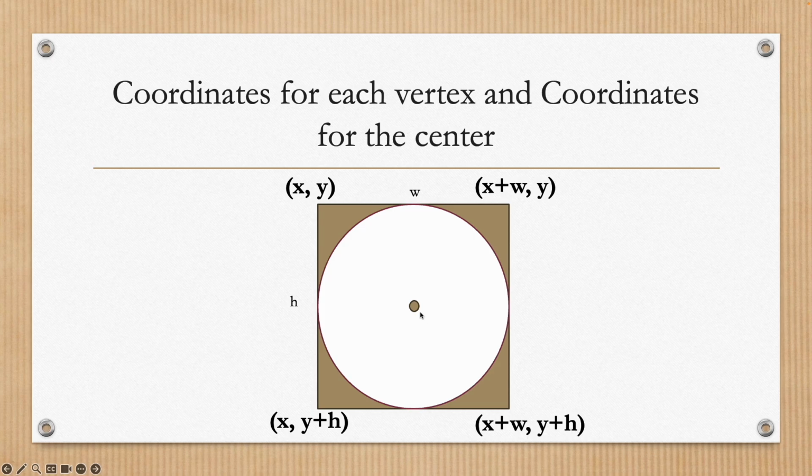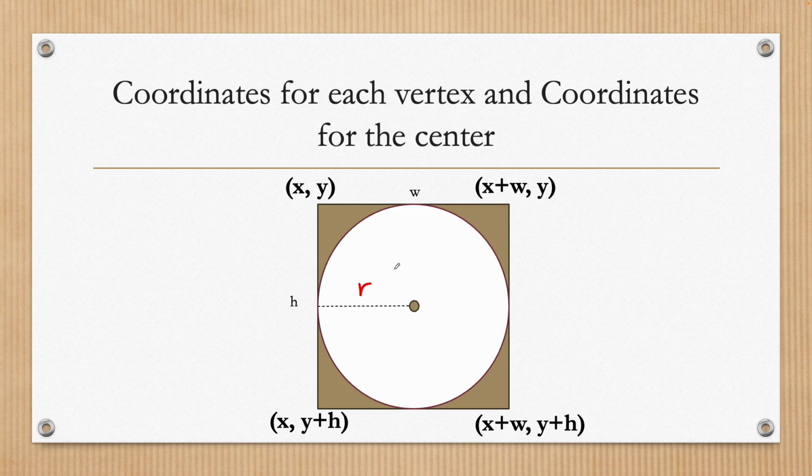And then what about the center over here? The center can be found by using the radius of the circle, or maybe the w and h of the square or the rectangle that is given to us. So we can just take a look at the length of the horizontal side, which is W in this case. And if you have that, we basically get the diameter, right?